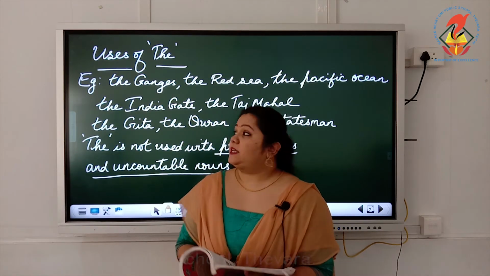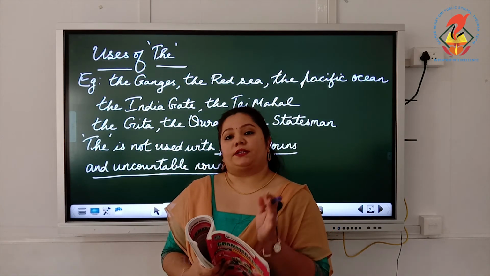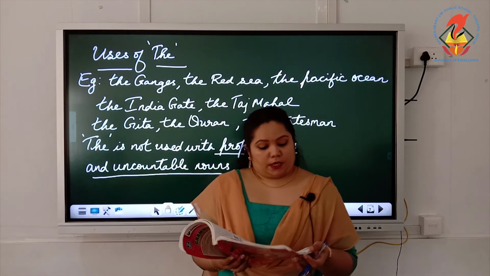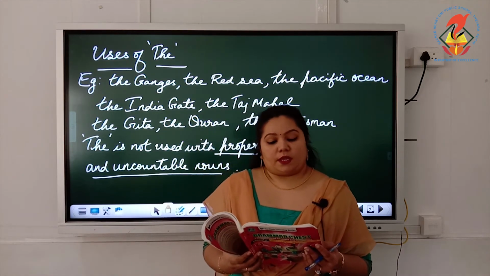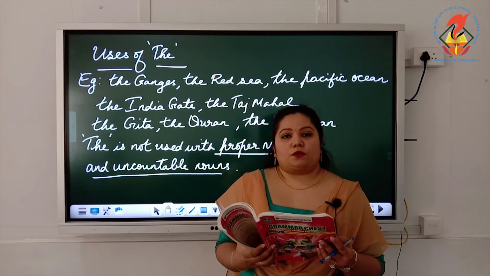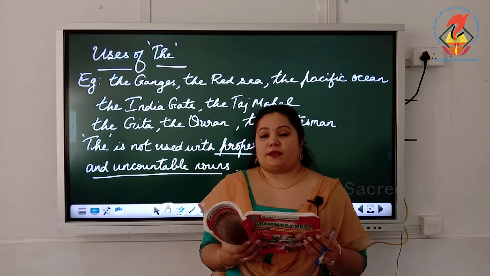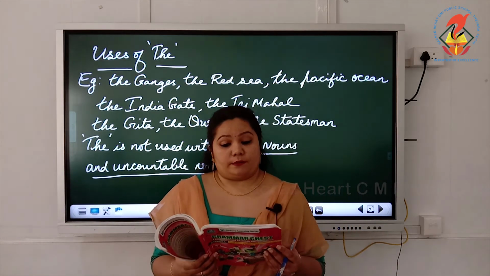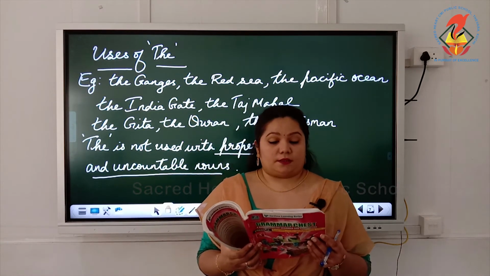And now let us see the instances when we use the definite article. On page number 52, uses of the. The is used with the names of rivers, oceans and mountain ranges. So when we are referring to any particular river, sea, ocean or mountain range, we use article the.